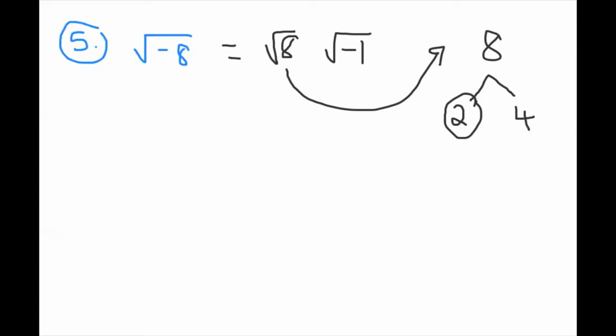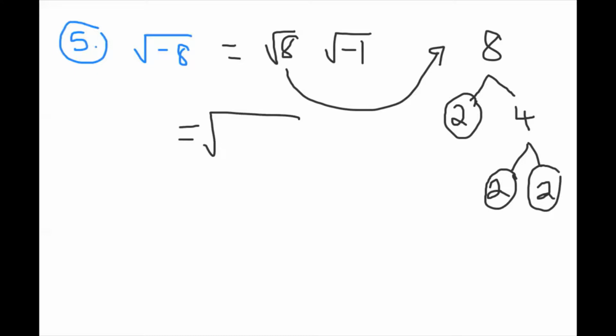4 is not a prime number because 2 goes into 4 as well, 2 times. Now 2 and 2 are both prime. So now I can rewrite 8 as 2 times 2 times 2, and keep that square root of -1 there. Next I'm going to do the same thing I did with the i's on the other page and pair things off into squares.